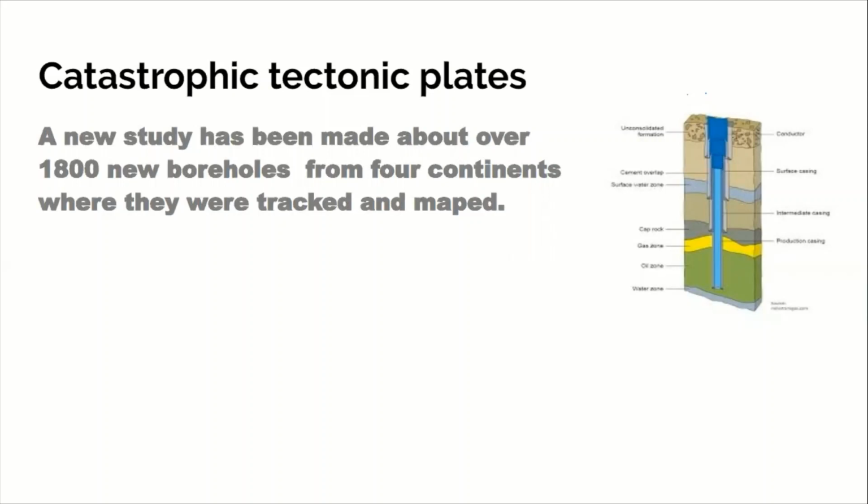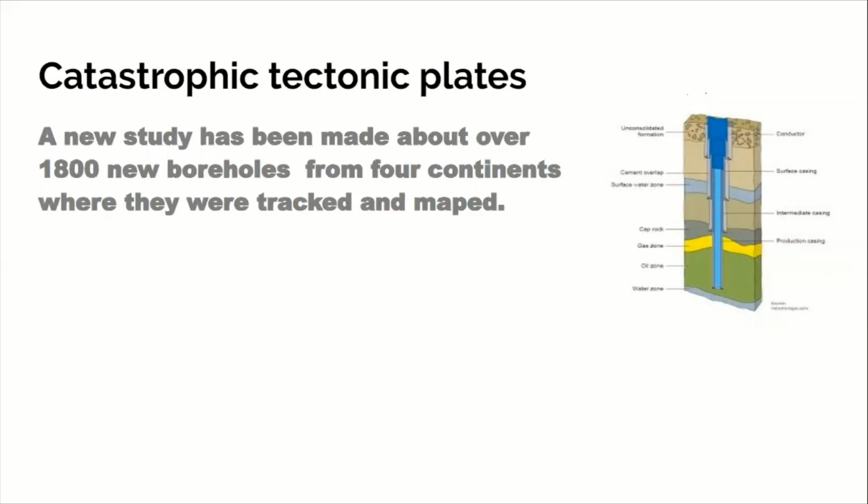The things found in these boreholes can tell us a lot about how life existed and happened, because a lot of old fossils and a lot of different things are preserved in those layers of the earth.